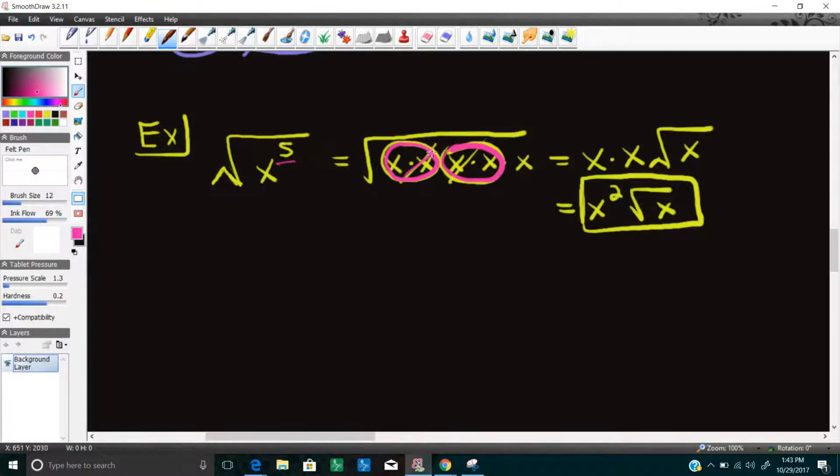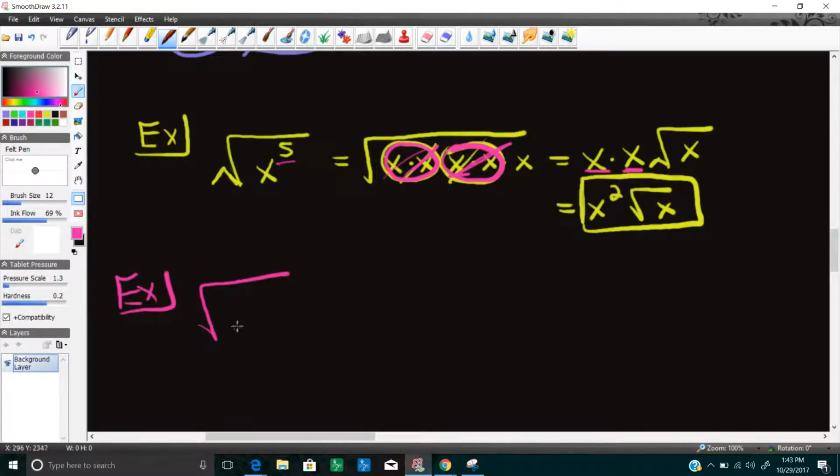So I took out this x right here, which got rid of both of them. And I took out an x from here, which again got rid of both of them. And so now I have one final x left inside, and that one stays inside. Whatever you pull out, you multiply. So x times x is x squared, and I just rewrite everything else. Okay, let's try another one.